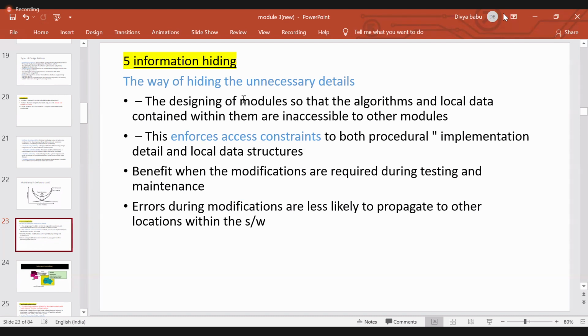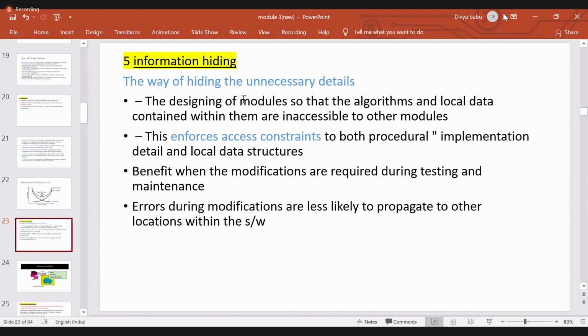How do you give the visibility? What do you mean by visibility? Everyone just recollect that point. How can you implement information hiding? Anyway, you will learn object-oriented programming.